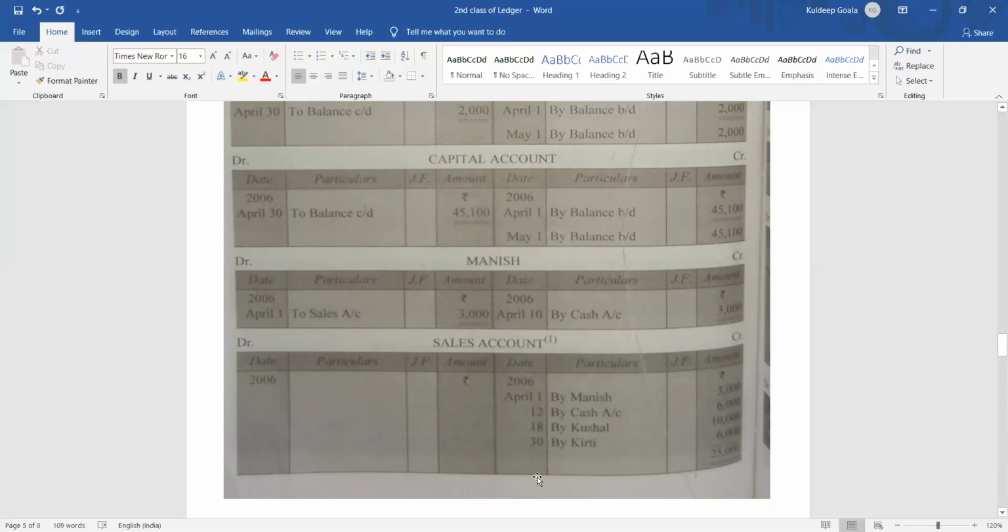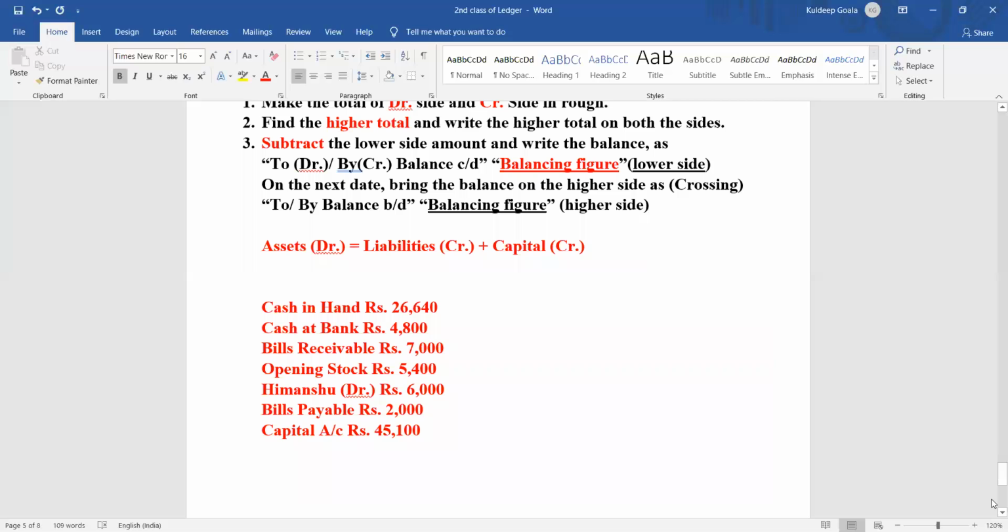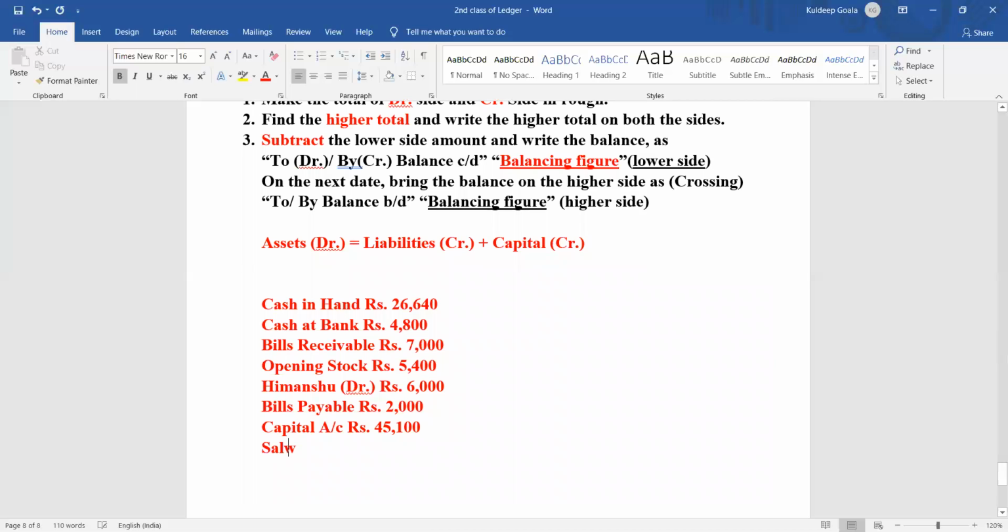And again here, May 1st, to balance carried down 25,000, and again May 1st will be by balance brought down 25,000. So what is the balance of sales? It is 25,000. So I will just mention here sales account. Not only sales, you can mention sales, no problem. Sales, rupees 25,000.